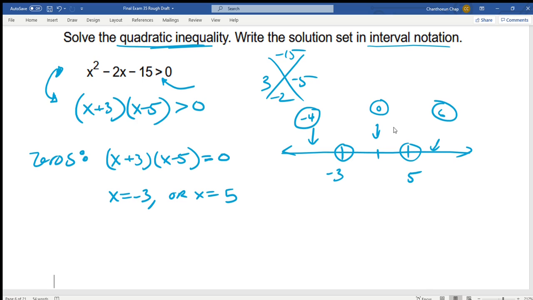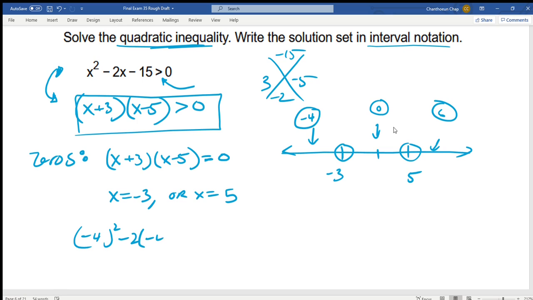And when you plug these numbers in, you can plug it back into the original equation, or you could plug it back into your new equation that you made here. It's up to you. So I'm going to use the original. We have negative 4 squared minus 2 times negative 4 minus 15. And I want to figure out if that is greater than 0.